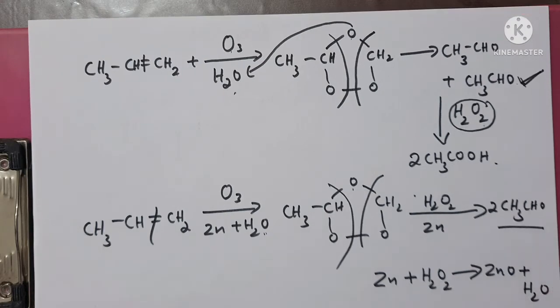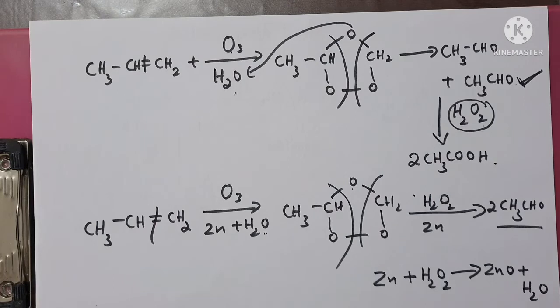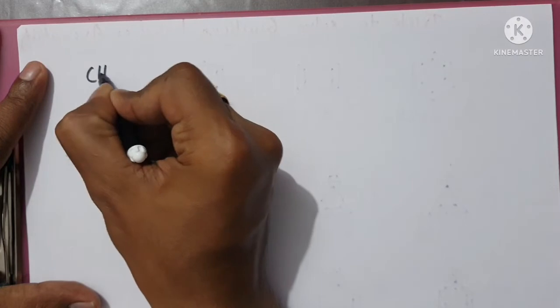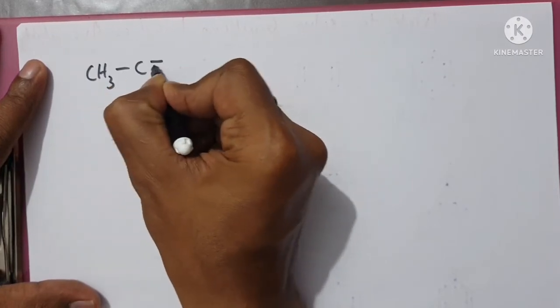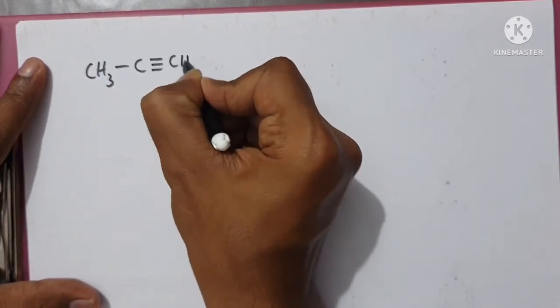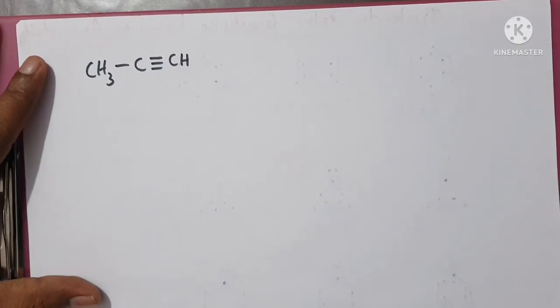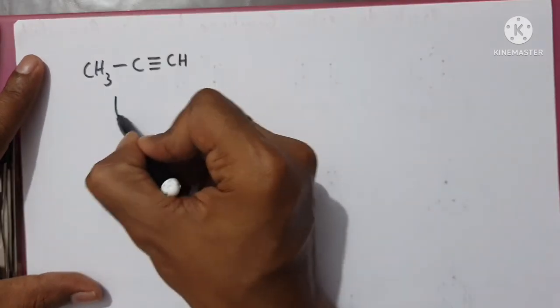Let me take one more example where I am going to show you how alkynes will react with ozone. Now let us try with an alkyne. This is an alkyne, propyne.